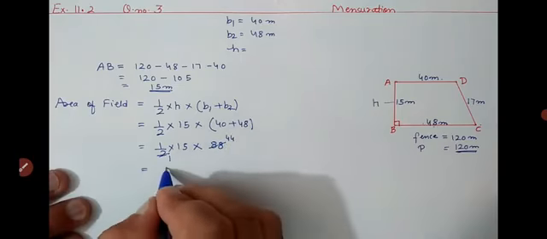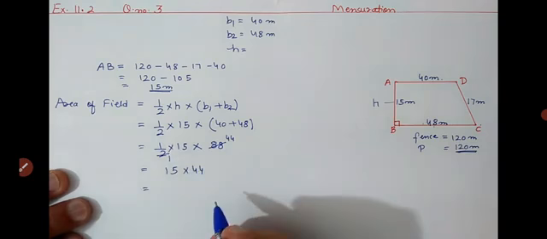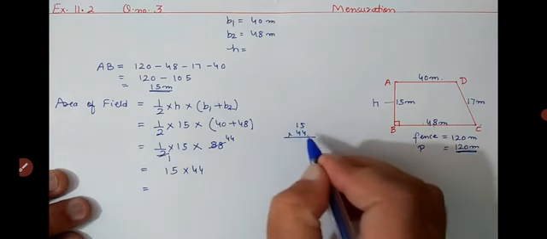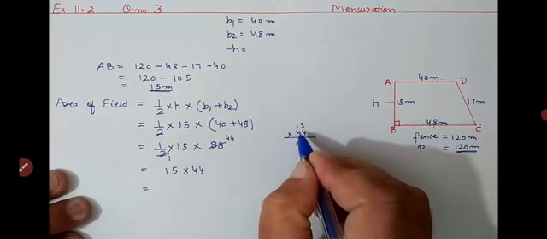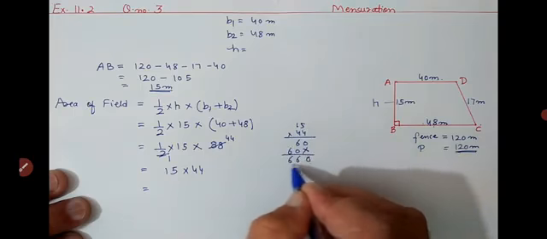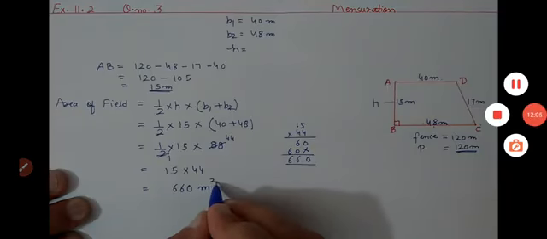So 15 into 44, multiply it, and you can get 660. So the area of the field is 660 meter square.